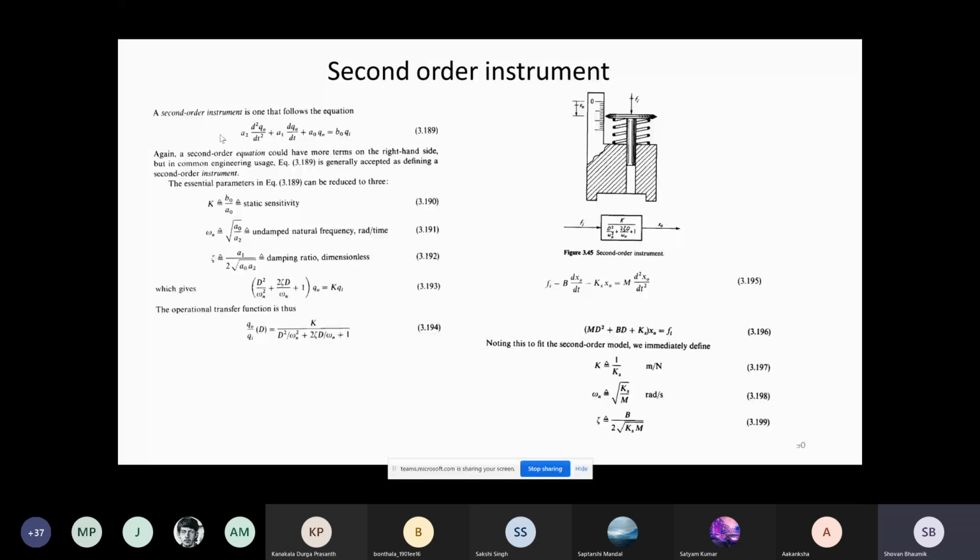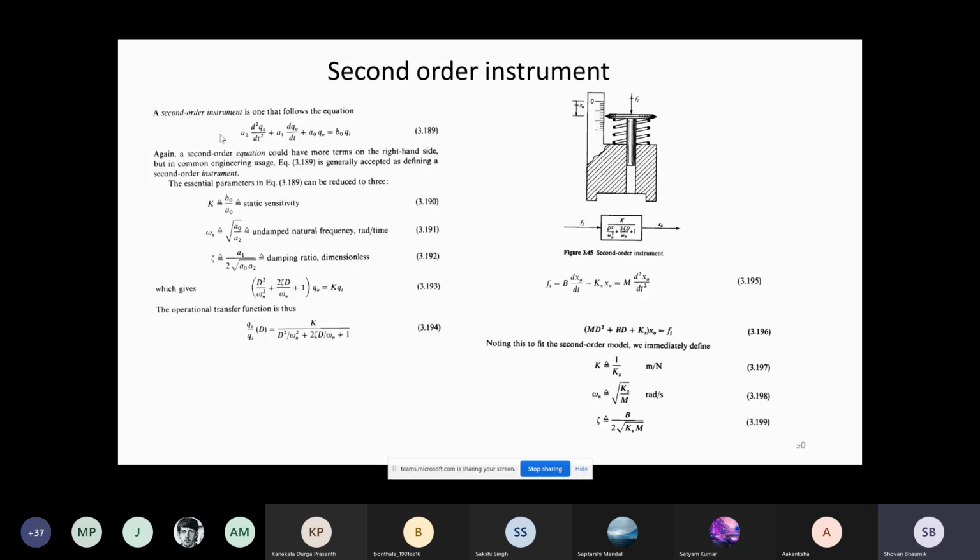This zeta we call the damping ratio, and it is dimensionless. We write the constants in such a way that our equation 3.189 becomes, considering d by dt as s, s square by omega n square plus 2 zeta s by omega n plus 1, into q0, equals k into qi.